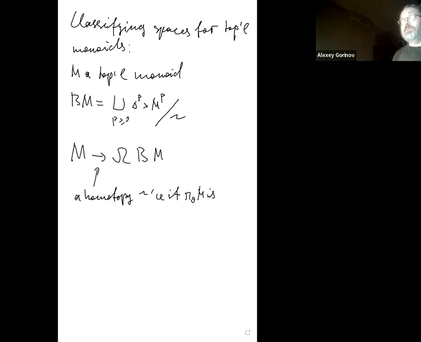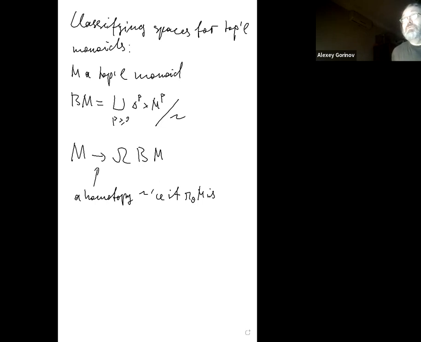Namely, in the right hand side we have omega of something, and pi naught of omega is a group.